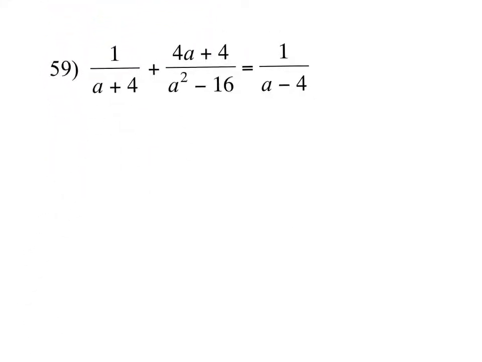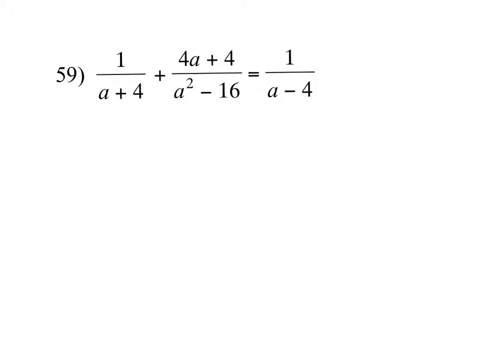Finally, number 59, we're looking at the same type of thing, a little bit different factoring here. Here I've got a squared minus 16. We talked about this being the difference of two squares. If you're more comfortable writing this as a squared plus 0a minus 16, a times c is minus 16, b is 0.